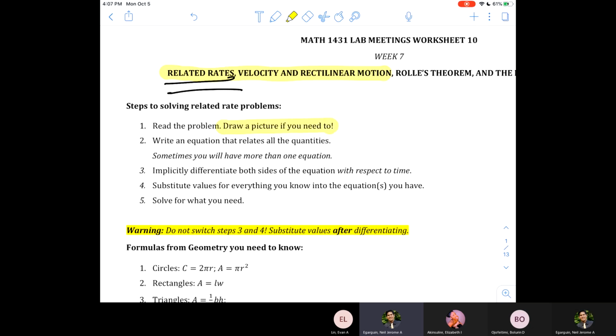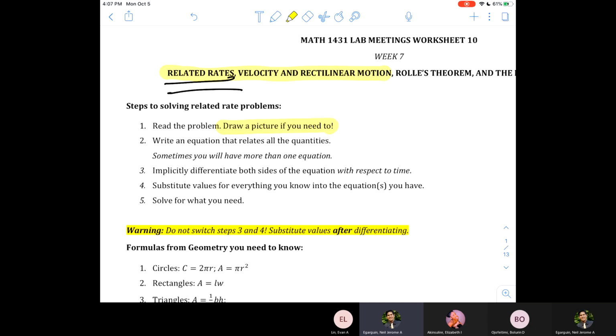And I guess for me, it's almost automatic when dealing with related rates problems. I draw a picture. The reason is that number one, it gives me a visual representation of the problem, from which I can clearly see the relationship between the variables, because it's very important that you deduce what would be the relationship between the variables involved in the problem.